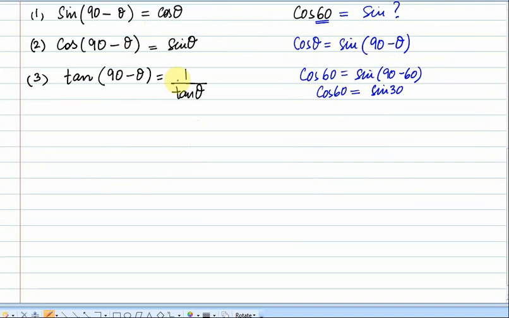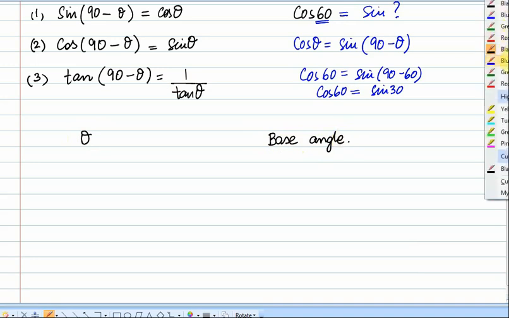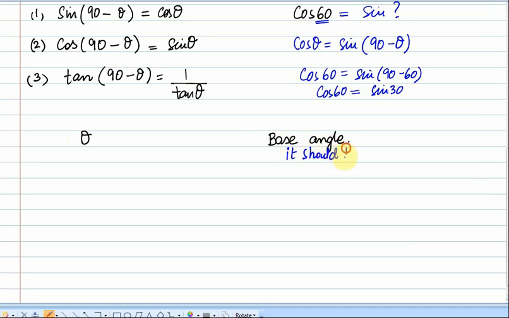Now in trigonometry of Addmath, there are two things, one we call theta and one we call base angle. Now I need your attention because this thing is very important. Now what is base angle? There are some rules for base angle. It should always be with the x-axis, right?